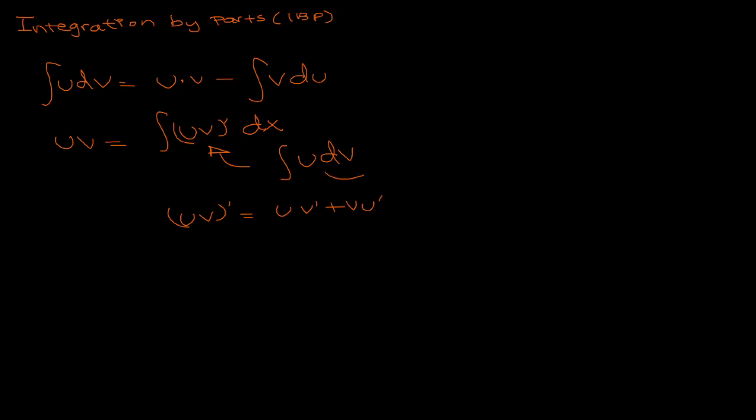So we can rewrite this as the integral of u v prime plus v u prime dx, and we can split this integral up: the integral of u v prime dx plus the integral of v u prime dx.